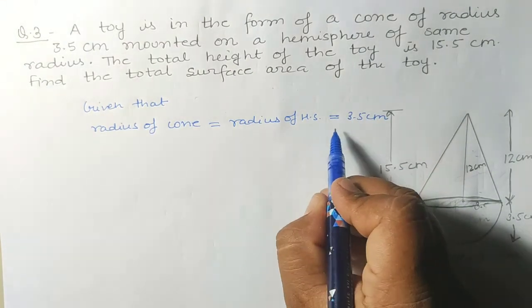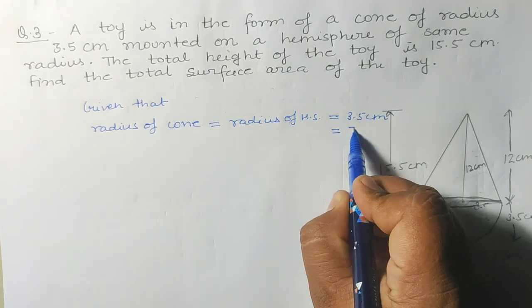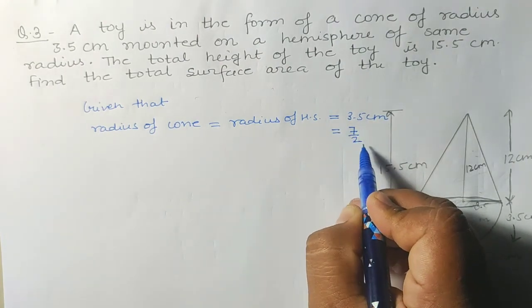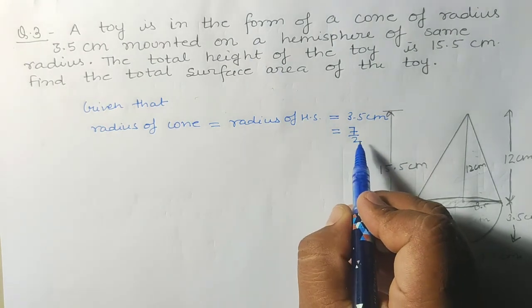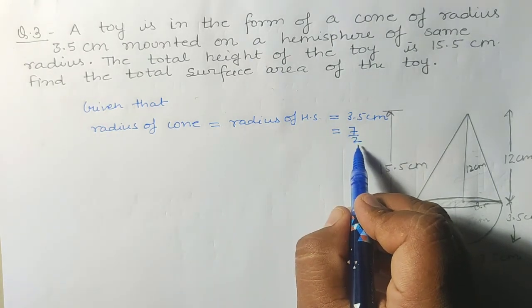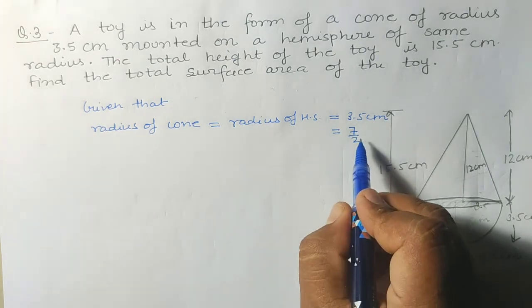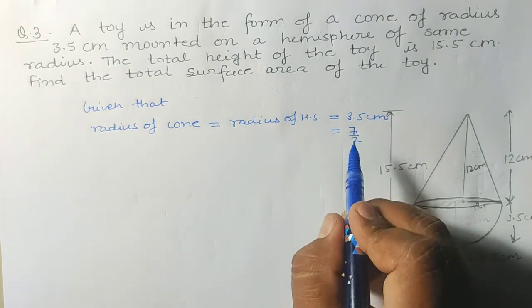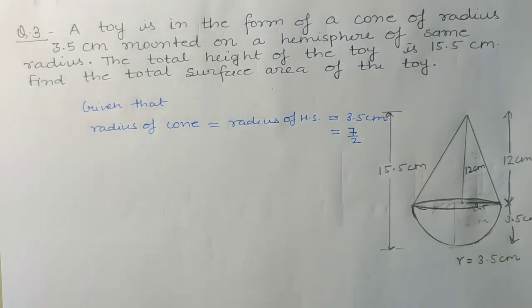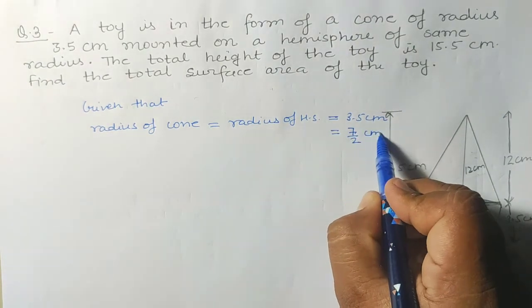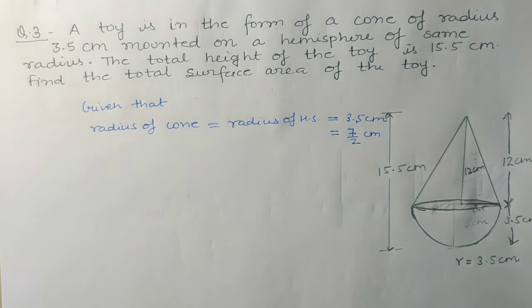Okay, in question we can write it as 7 by 2. When you do 7 by 2, it also means 3.5. Okay, why we are writing it 7 by 2? Later on we'll see it, because in pi 22 by 7, so that 7 and this 7 will be cancelled out. Okay, so at the place of 3.5 we can write 7 by 2 also.